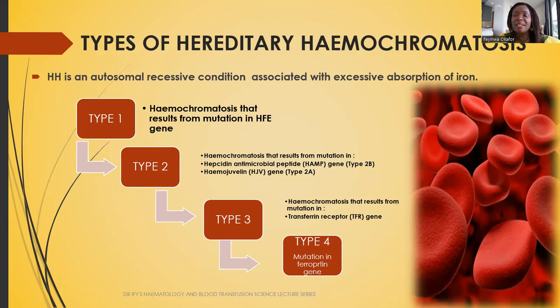Type 2 occurs as a result of mutation in the Hepcidin antimicrobial peptide gene and hemojuvelin gene. Type 2 hemochromatosis can further be divided into type 2A and type 2B. Type 2A occurs as a result of mutation in the hemojuvelin gene, while type 2B hemochromatosis occurs as a result of mutation in the Hepcidin antimicrobial peptide gene.